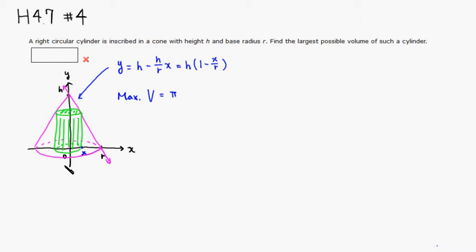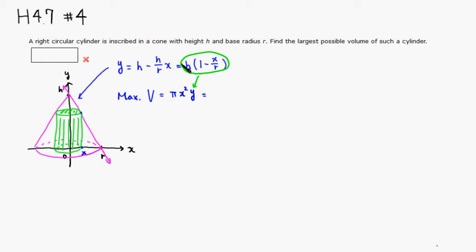I call the radius x, so pi x squared times the height. The height is determined by this function here, so it's y, which is right here. We can just plug it in here.